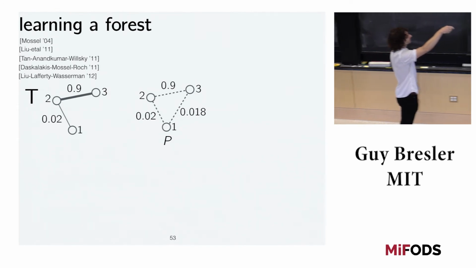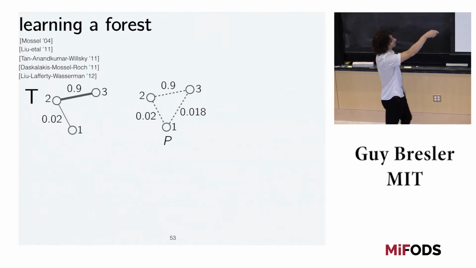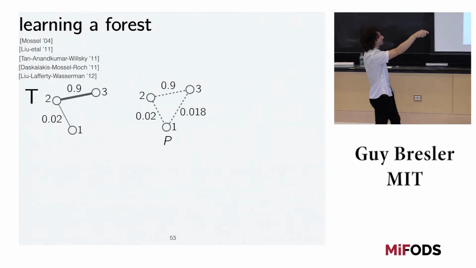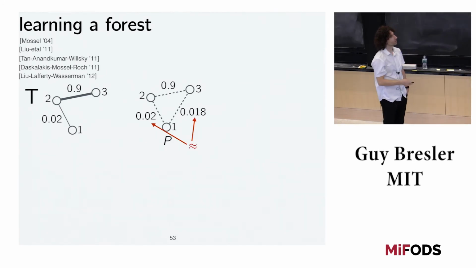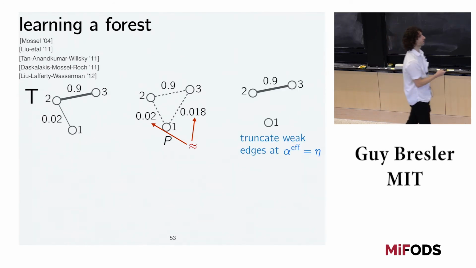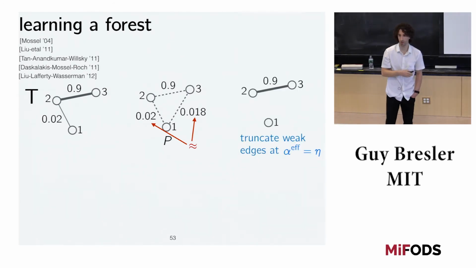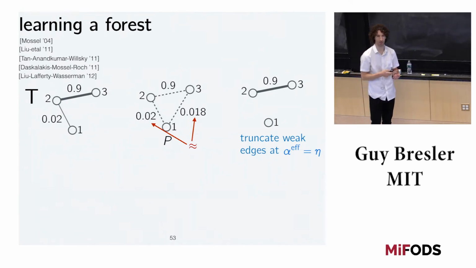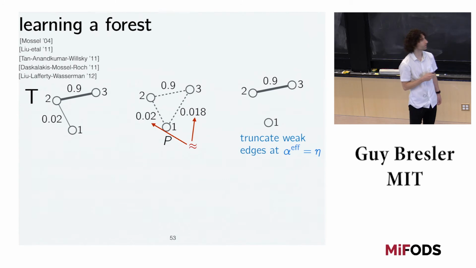So this edge is weak. The correlations in the true model are now 0.02 here and 0.018. And so these are close, and so we cannot be so confident that Chow-Liu is going to recover them correctly. So let's just ignore all those weak edges. Let's just get rid of everything that's weak that we can't be confident is going to be recovered correctly.